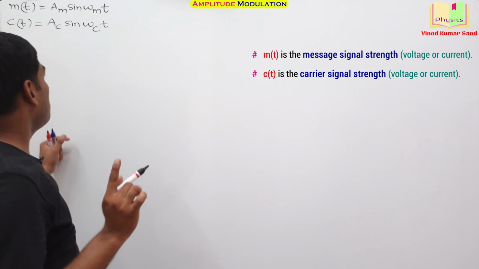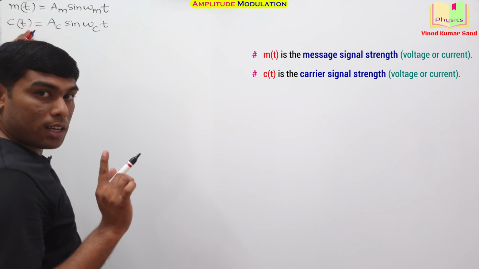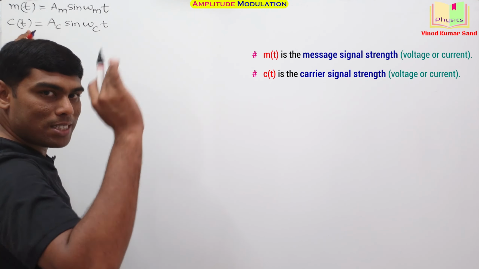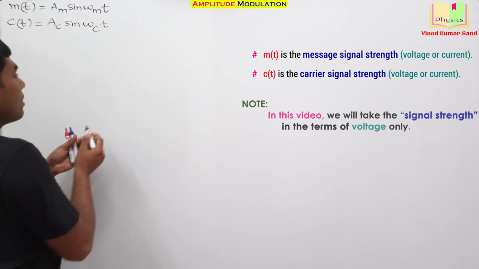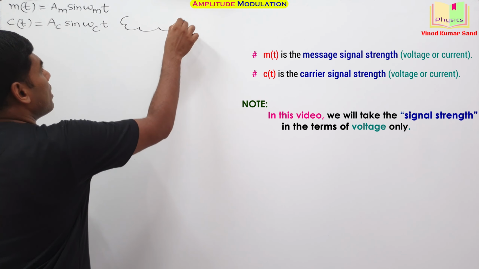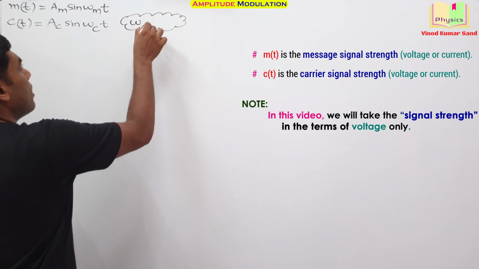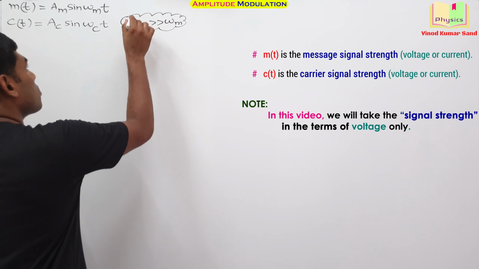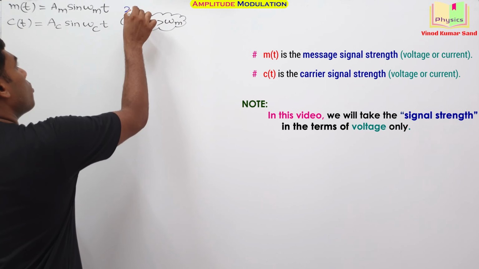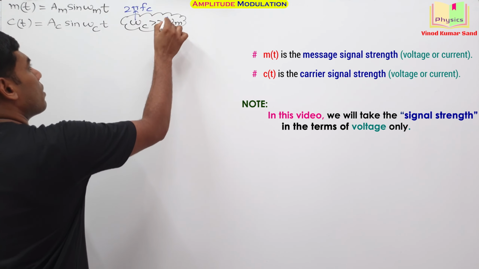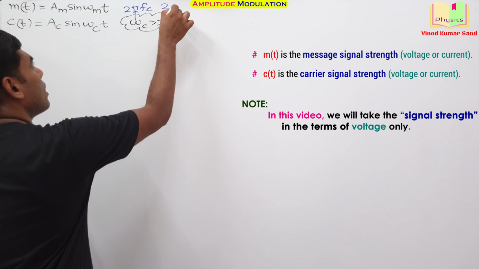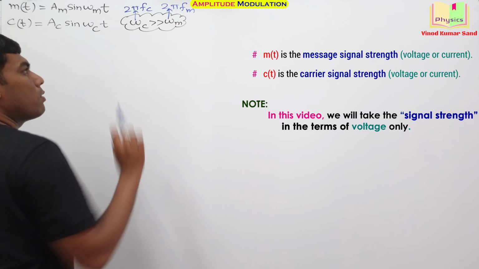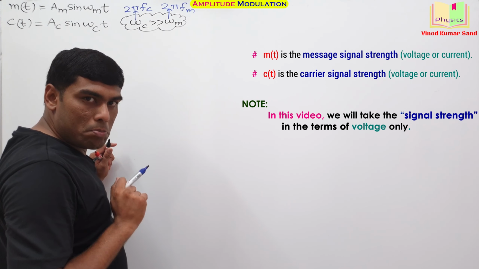One thing we should keep in mind, the carrier should have great energy, so it can carry the message signal to a great distance. It means ωc must be greater than ωm. Do you agree? Or this ωc can be written as 2π fc. fc is the carrier frequency. This ωm can be written as 2π fm. fm is the frequency of the message signal.